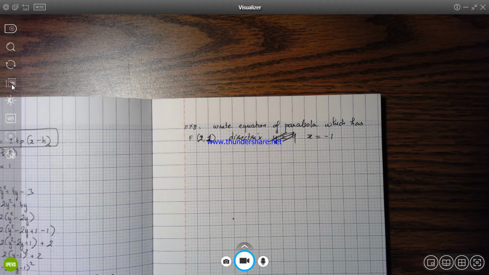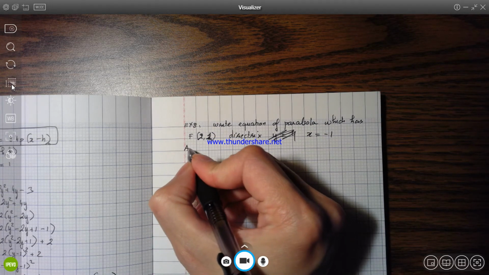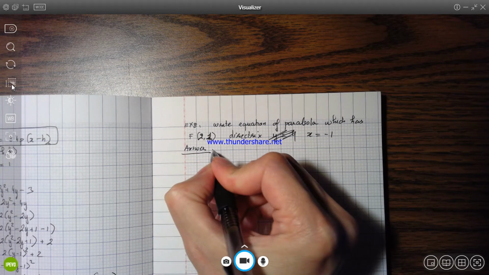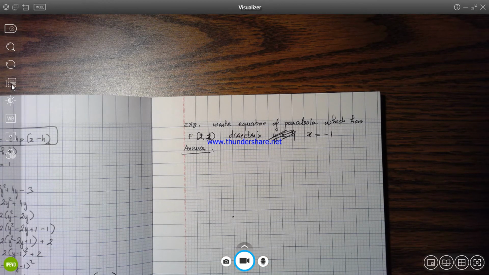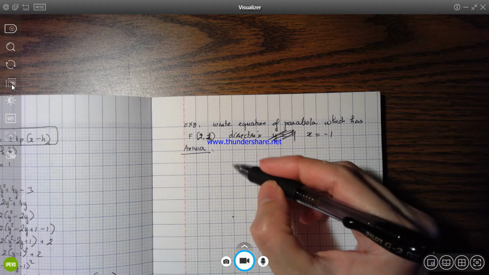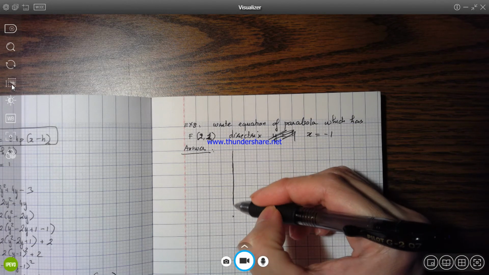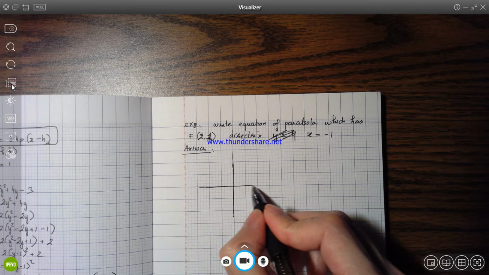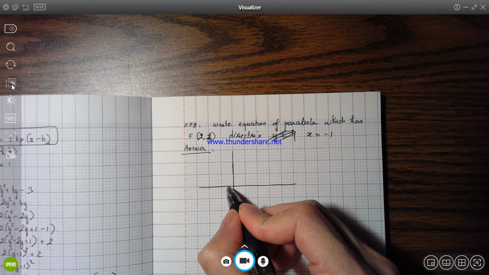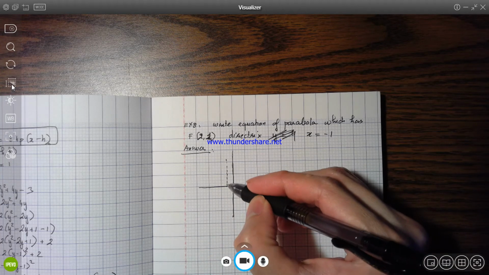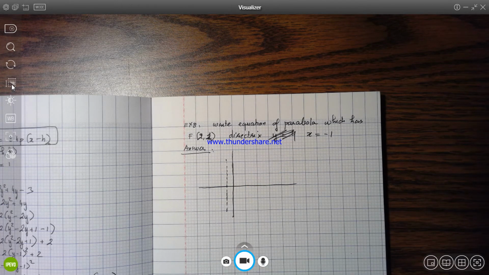All right, so how do we do that? The focus F is (2, 1) and the directrix is x equal to -1, so you know it's going to open left or right, right? The line x equal to -1 is the directrix.